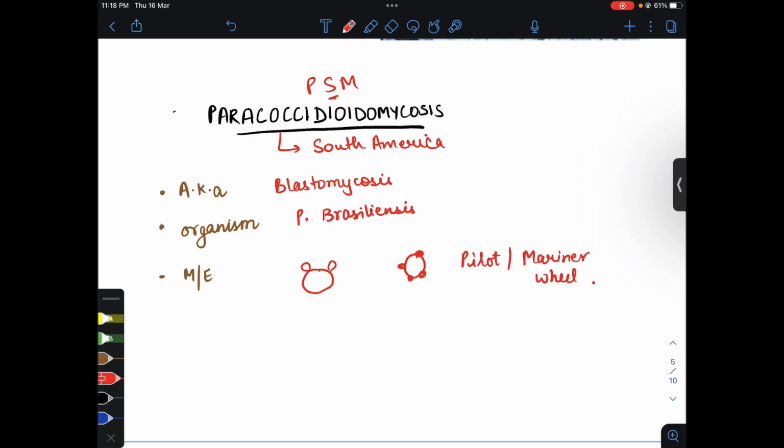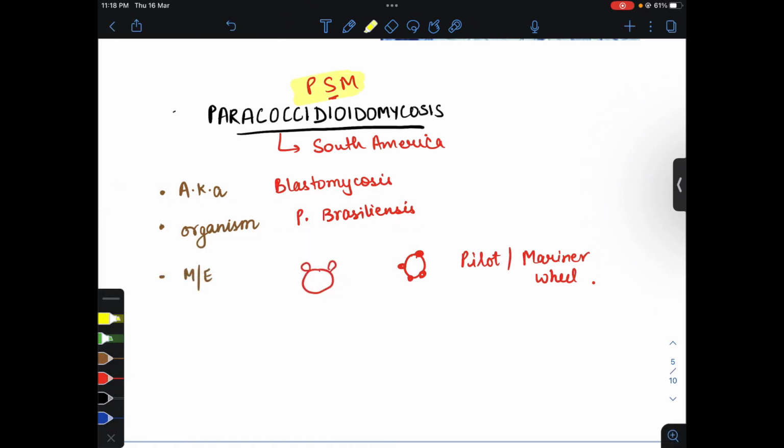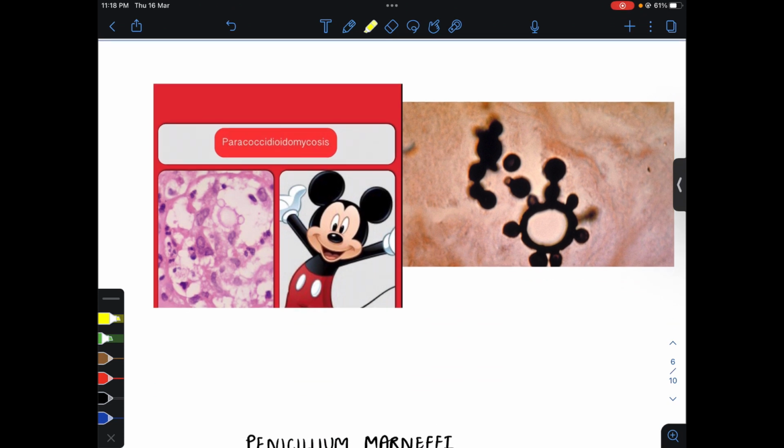So that's all about Paracoccidioidomycosis. For this we have to just remember P for Paracoccidioidomycosis and P for PSM, meaning South American, and pilot mariner wheel appearance will be there. So for this we have to remember one image. This image is the most important image. As we see, it looks like a pilot wheel or a mariner wheel appearance.